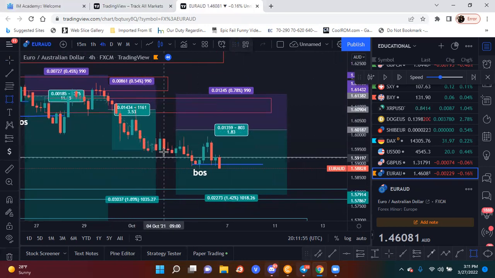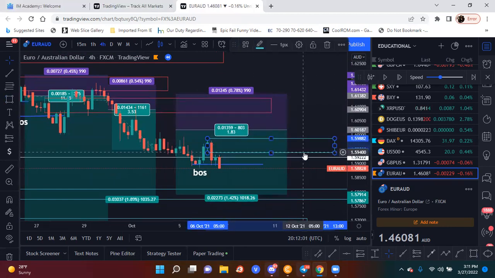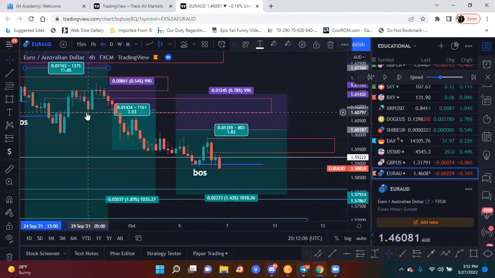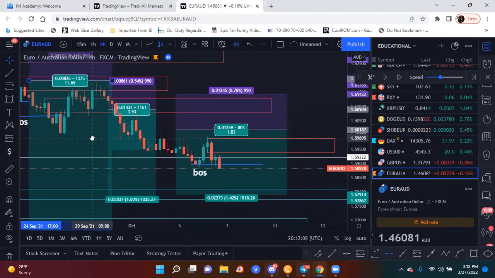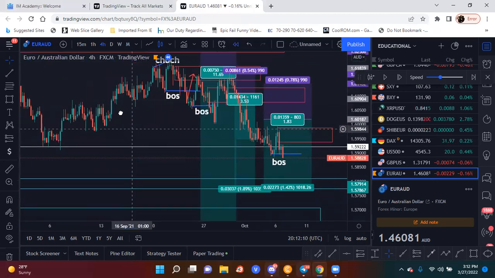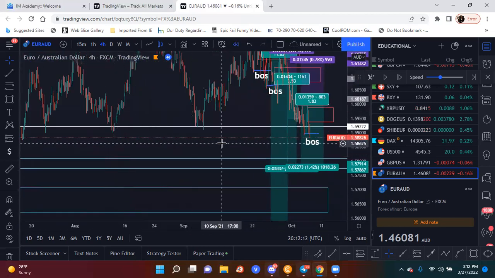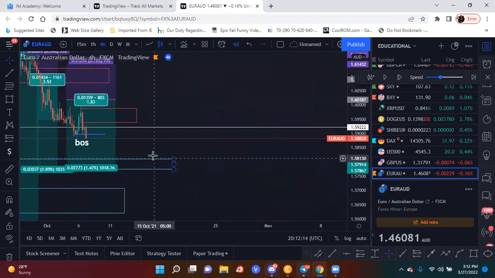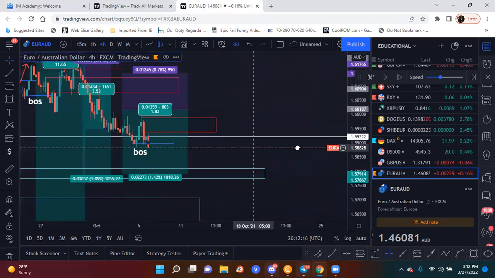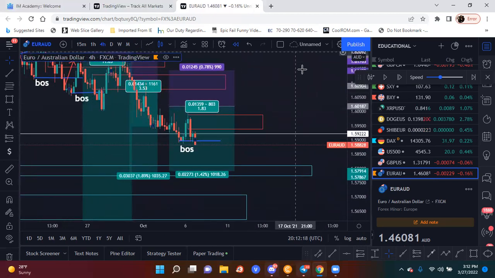So this was like accumulation of orders, trapping a lot of buyers, retail buyers. So it made another bear OB right there. I'm in deep profit.